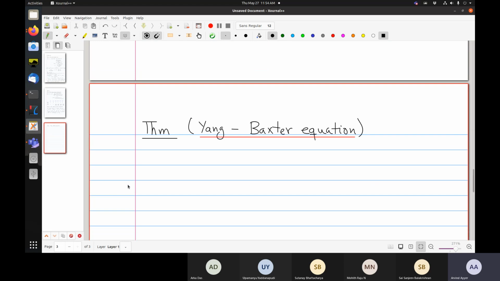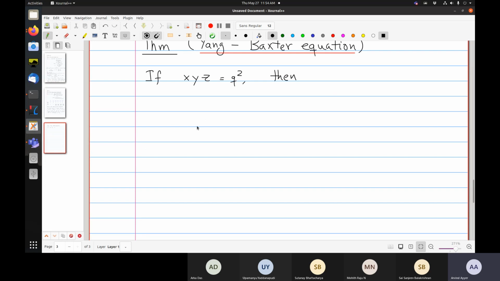So I'll write it in a pictorial way. This will sound completely random, but I'll explain what these things are. So if x, y, z equals q squared, q is our parameter, remember, then I'm going to do something that's going to sound very weird.